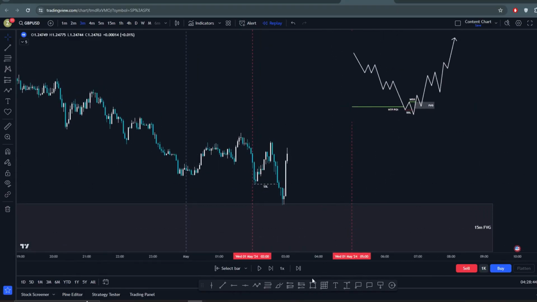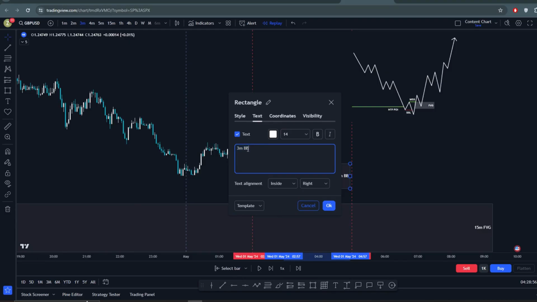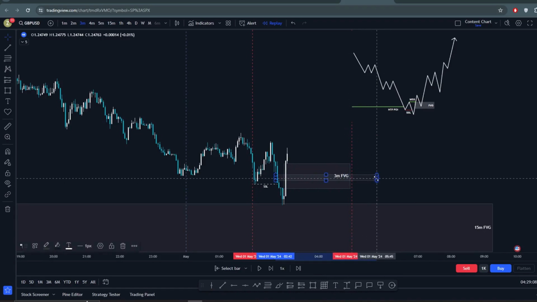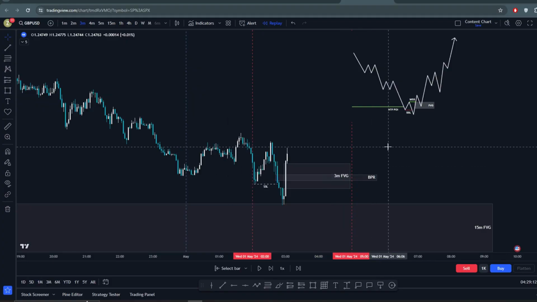So looking at this chart, here we have a very big fair value gap. Alright, this is a 3-minute fair value gap. And at the same time, here we have also another fair value gap, which means this is a BPR. This area right here is our BPR, right?